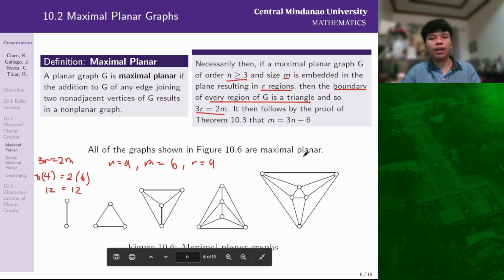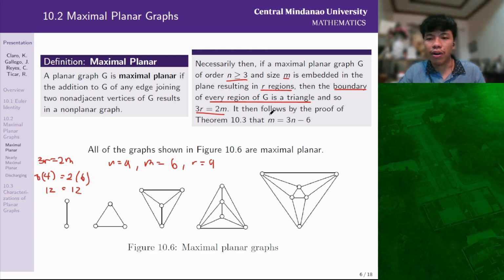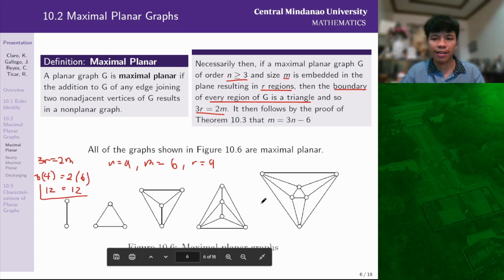So for order n greater than or equal to 3, the boundary of every region is a triangle, and it follows that 3 times the number of regions is equal to twice the size. So we have seen that here.